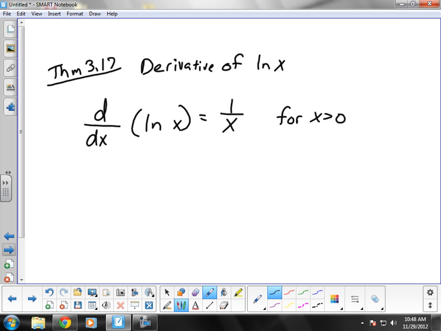Now, why did I have to put that x had to be greater than 0? Can't have 0 in the denominator, so that's why it can't be equal to 0. But why does it have to be greater than 0? Does anybody remember? The ln is not defined for negative values.